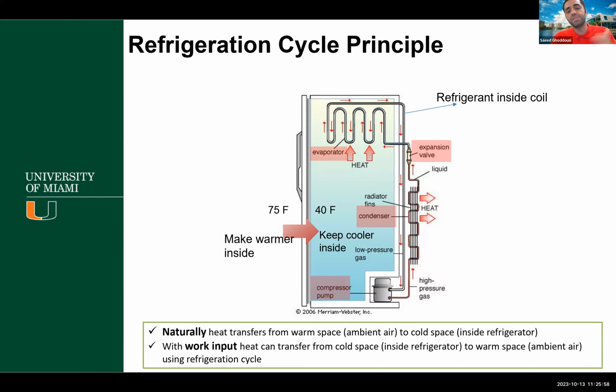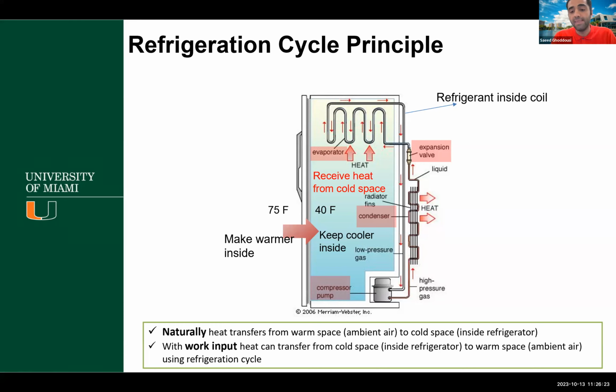Here is how this process goes. For instance, in the evaporator, it needs heat, based on its pressure, to change its phase. How can it get its heat? It receives heat from the cold area. In this area we are receiving heat from the colder space, the inside of the refrigerator.